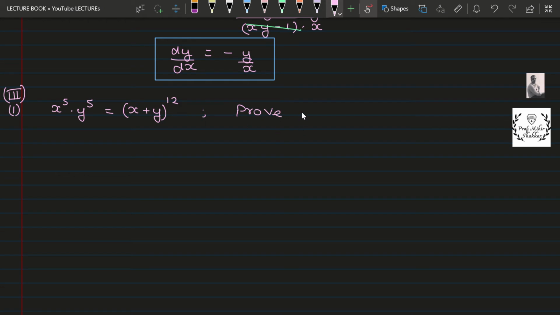Prove that dy by dx is equal to y by x. I'm sorry, it is y raised to 7.